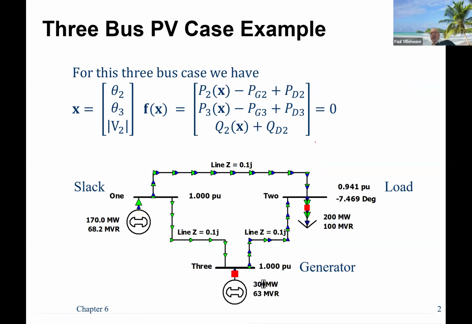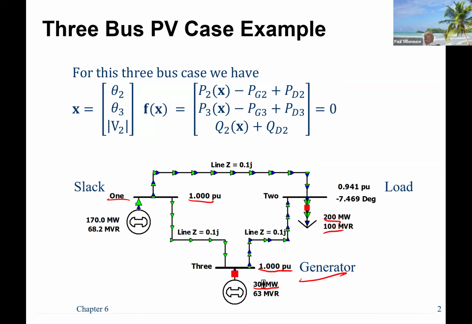So here's our system. Now we have a generator bus, which means I specify the magnitude of the voltage and the value of P. Don't worry about the Q, because that is set at 63, but that may or may not be accurate, right? So we have magnitude and angle here, and we have P and Q here.